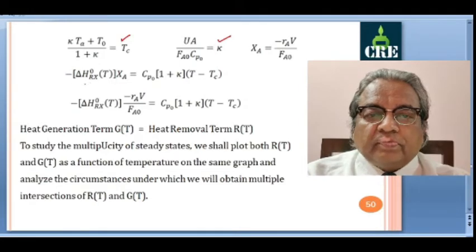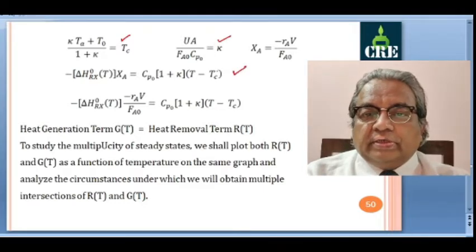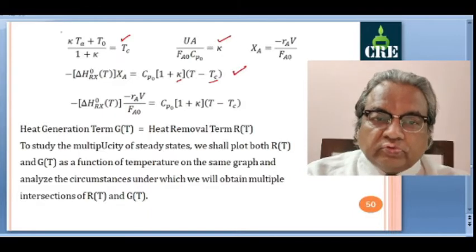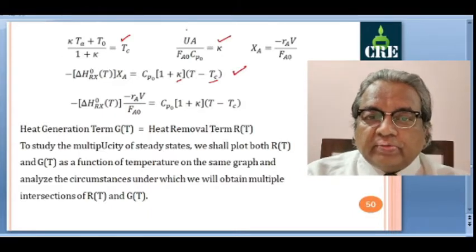We know minus delta HRX at any temperature multiplied by Xa is equal to Cp0 into 1 plus kappa multiplied by T minus Tc. This we have derived earlier for CSTR. And these are the values of kappa and Tc.